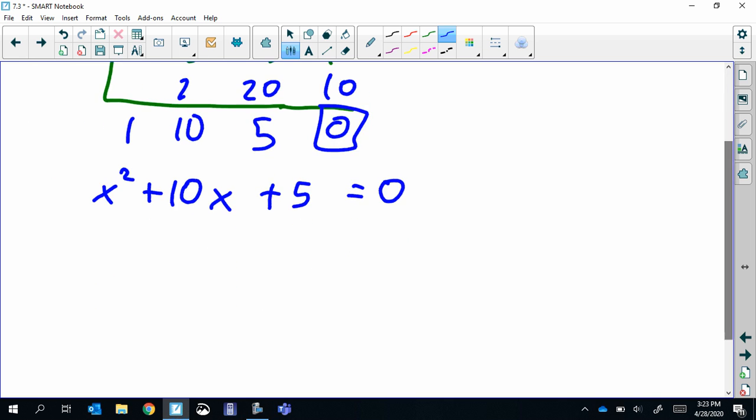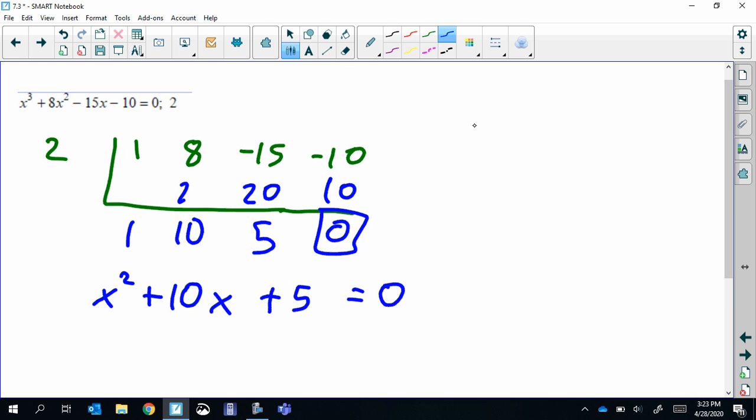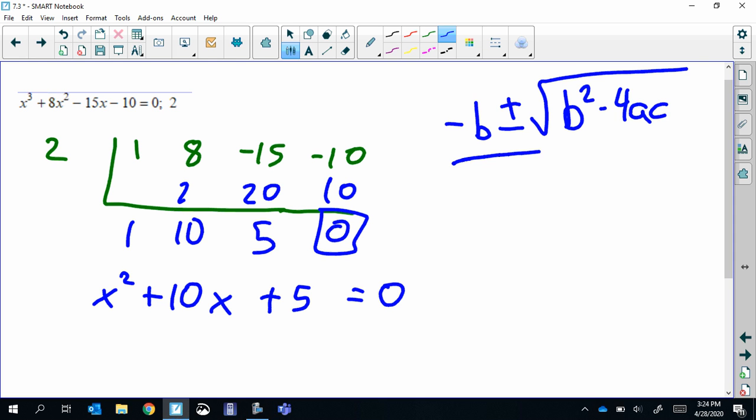If it's not factorable, you just do quadratic formula, which, in case you need the refresher, is -b plus or minus the square root of b squared minus 4ac, all over 2a.